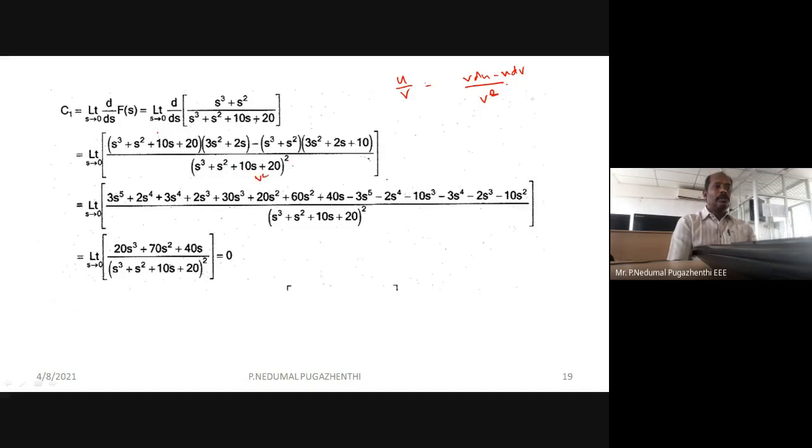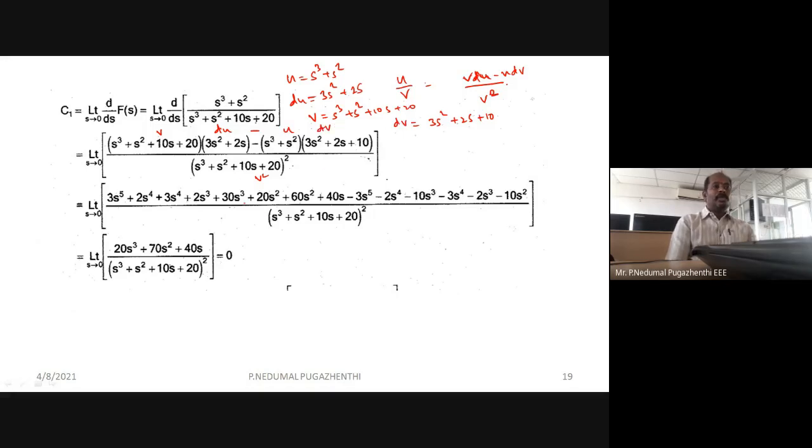Your u is s cube plus s squared, so du is going to be 3s squared plus 2s. If v is equal to s cube plus s squared plus 10s plus 20, then dv is equal to 3s squared plus 2s plus 10. You can see that this is the formula, v du minus u dv divided by v squared.